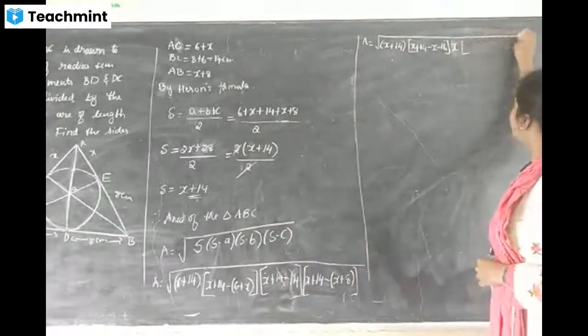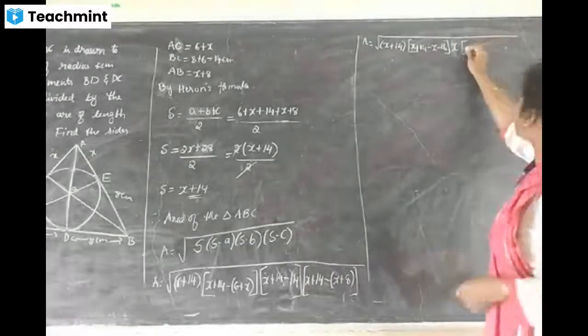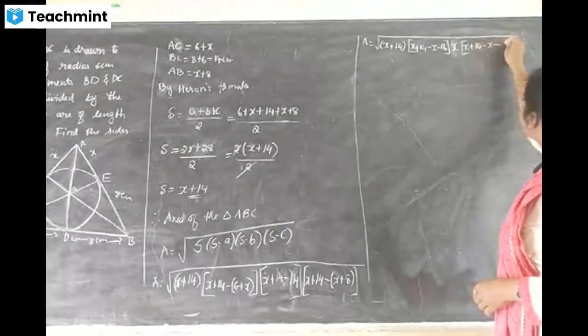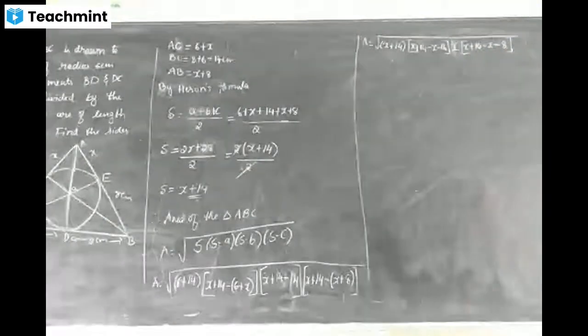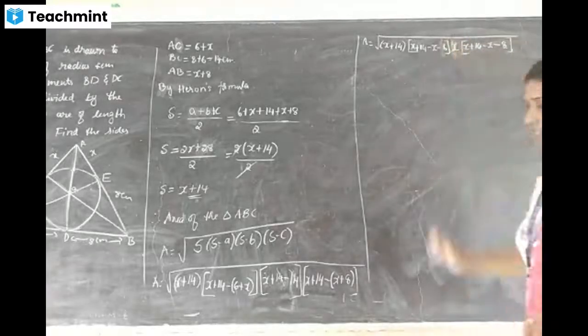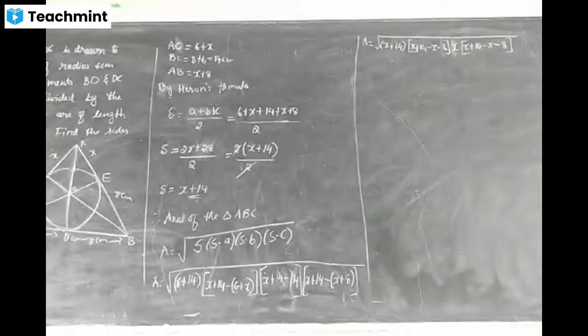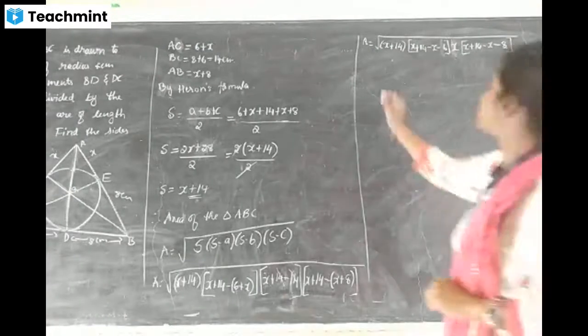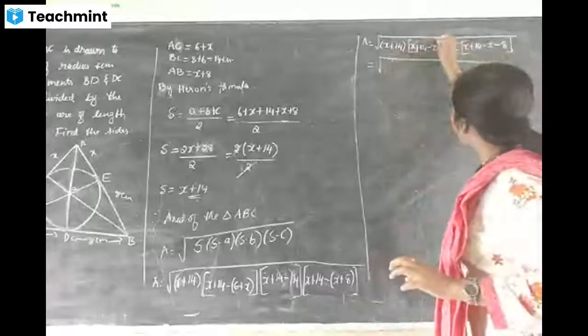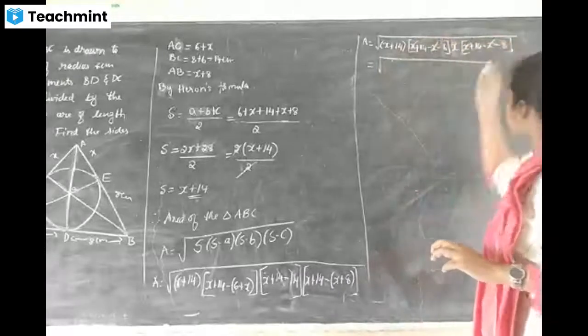Next one, open the bracket, x plus 14 minus x minus 8, which gives 6. Wherever cancellation is possible, you cancel: minus x plus x.